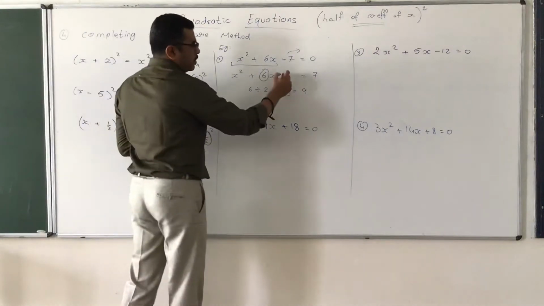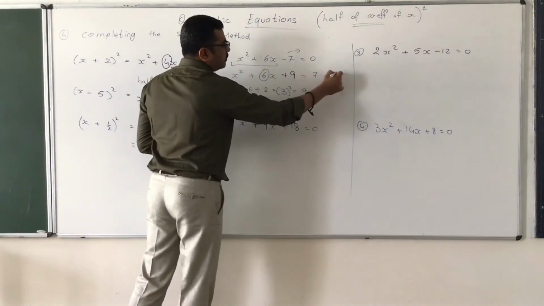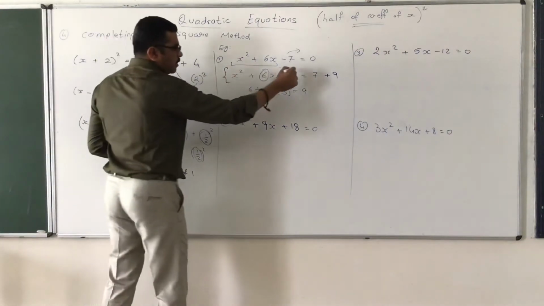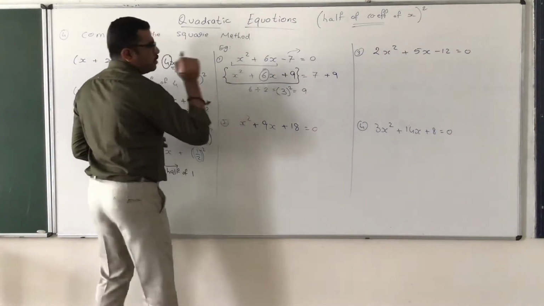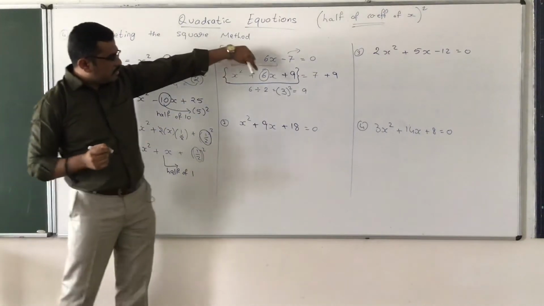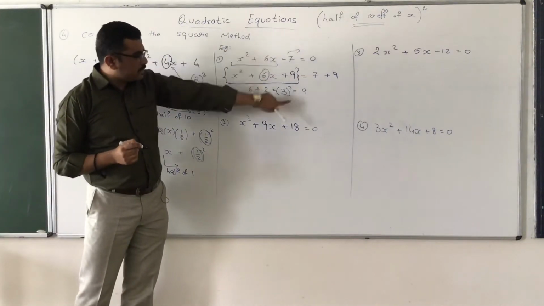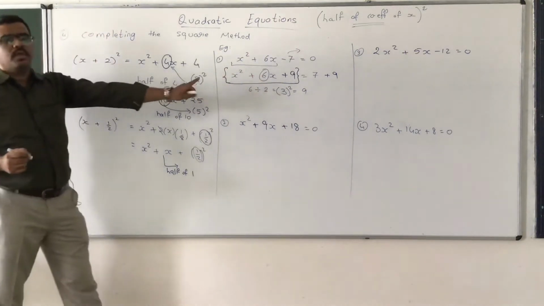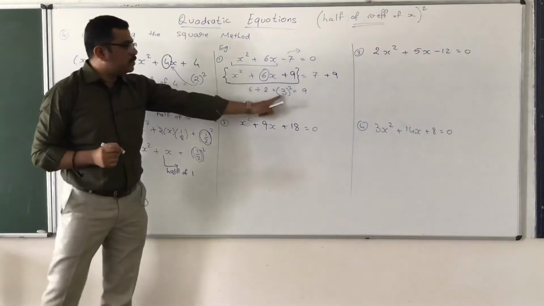So what we do, we add 9 to both the sides of the equation, so that the left hand side is a perfect square. We have x squared, then we have b squared, that is 3 squared, and the middle term is in the form of 2ab, 2 into x into 3.